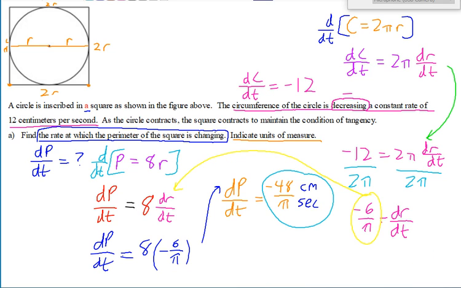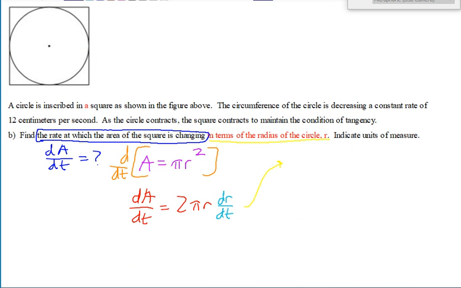But since we already did that work in part A, there's no need to do that again. We already know dr/dt is negative 6 over pi. So dA/dt equals 2 pi r times negative 6 over pi. Then notice the pi's reduce out there.